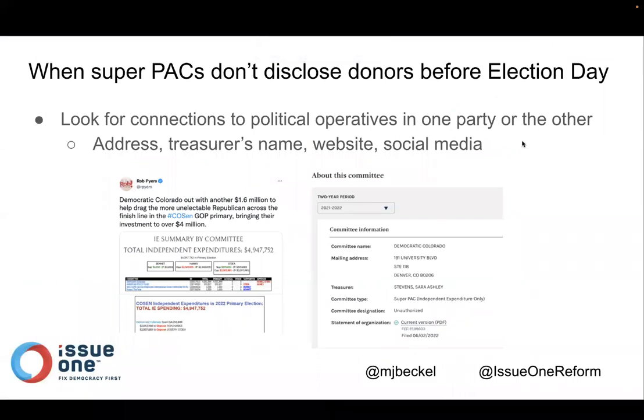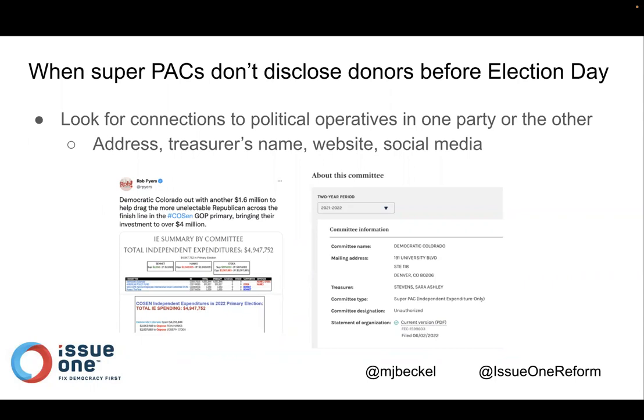And yes, as I alluded to earlier, there has been an alarming trend of super PACs sometimes getting money from dark money sources, opaque sources, mysterious sources, and not disclosing where their donations are coming through.